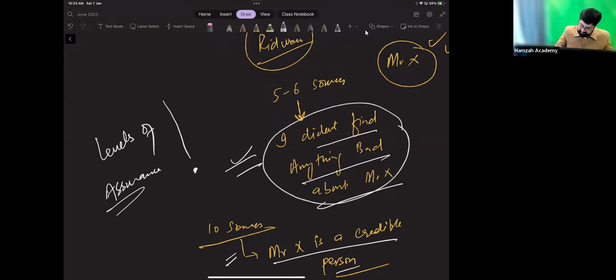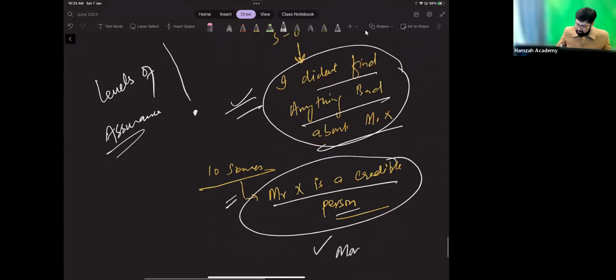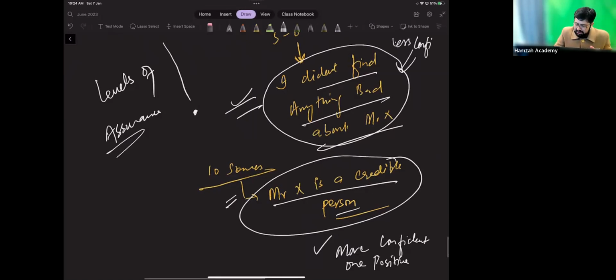Here, Mr. Ridwan is more confident and gives one straight positive sentence, that he is a credible person. Don't worry. And here, he said I didn't find anything bad, but not that level of confidence, a low level of confidence, moderate, less confident as compared to the other.